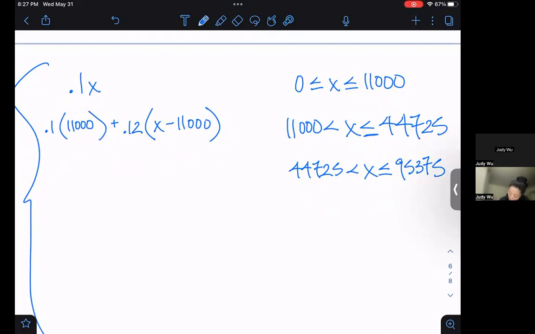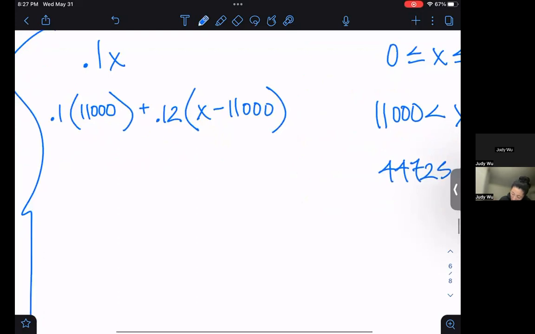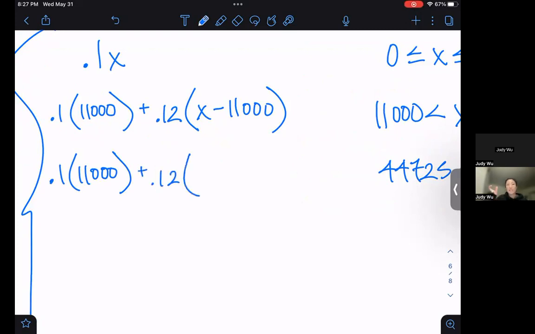the first bit. So 0.1 times 11,000. And then we pay 12% of the next clump. But that's not 44725, it's the difference between 44725 and 11,000.